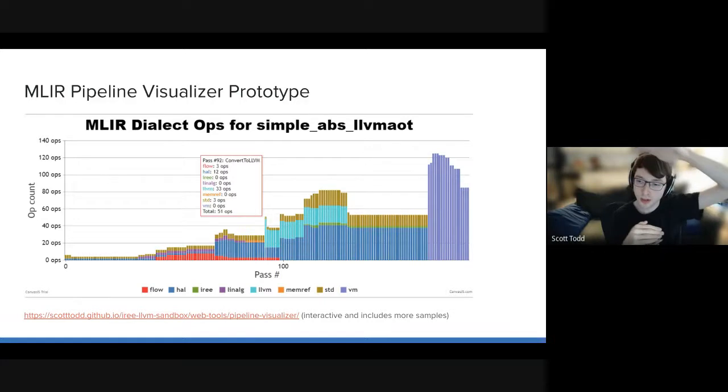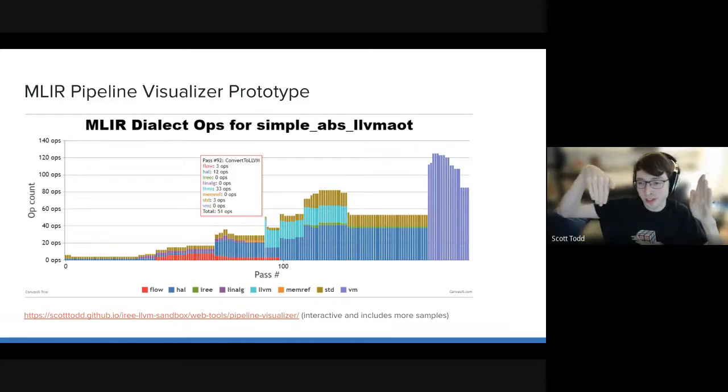If you take that text file and flip it on its side, you get a graph somewhat like this, where the pass number is the x-axis. So we start from the input IR and we end at the final output from the tool.